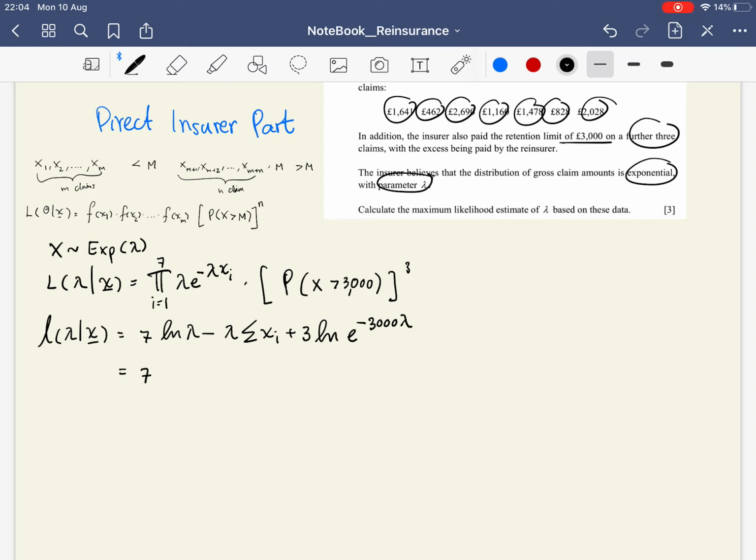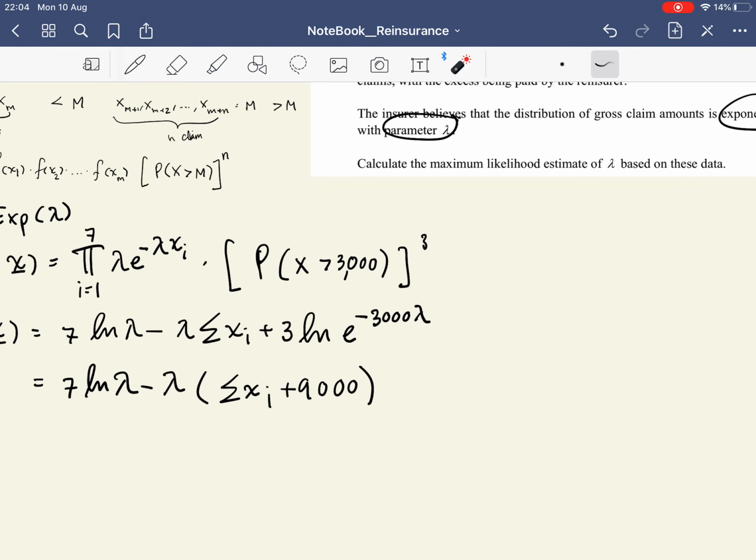Then we have 7 log lambda. Take out lambda, and inside we have sigma xi plus 9000. Let's give more explanation here.